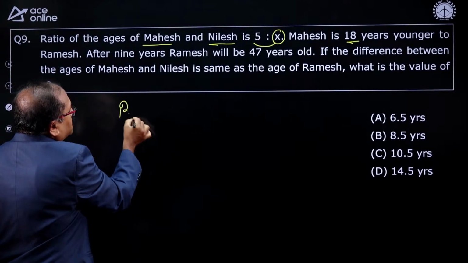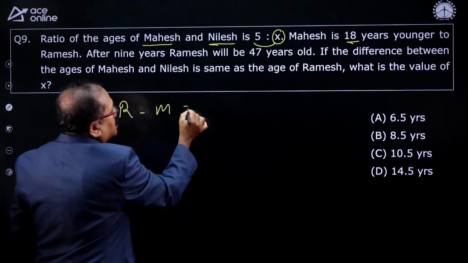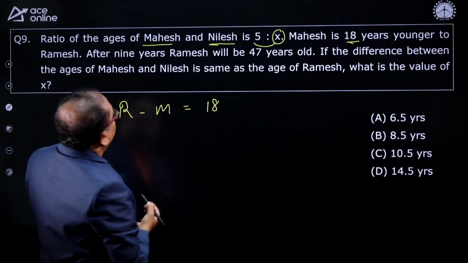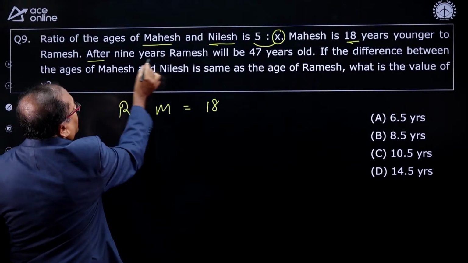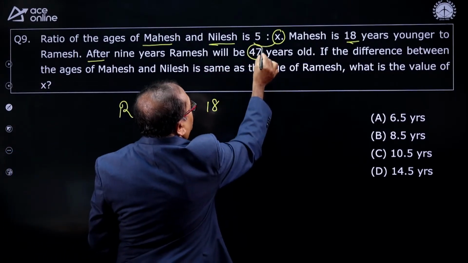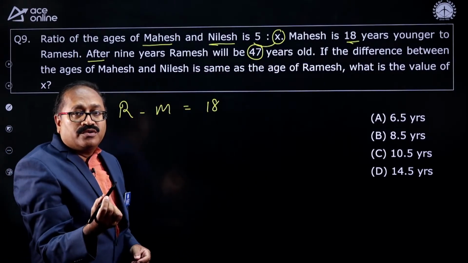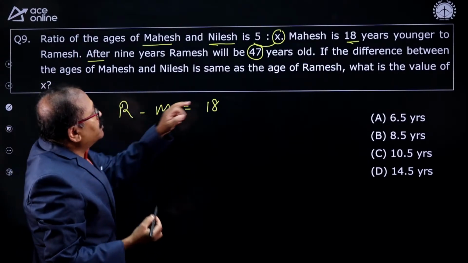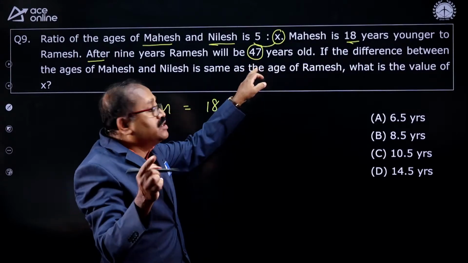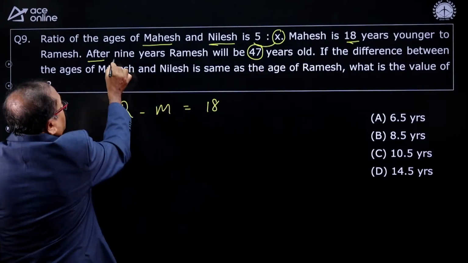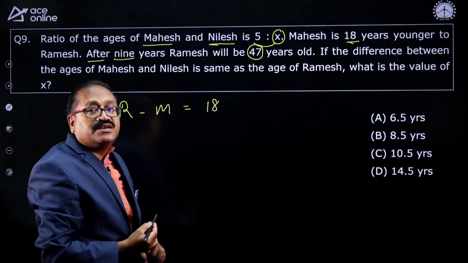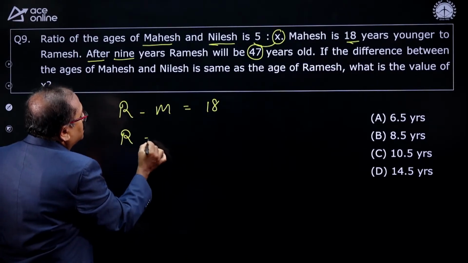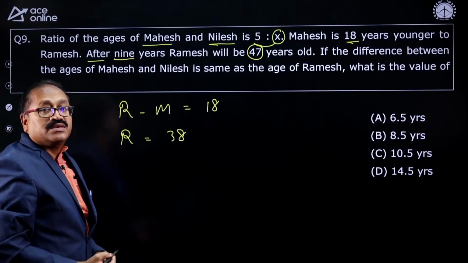Ramesh minus Mahesh is 18 years. And the next one: after 9 years, Ramesh will be 47 years old. That means what is the present age? 47 minus 9, and that comes to 38.